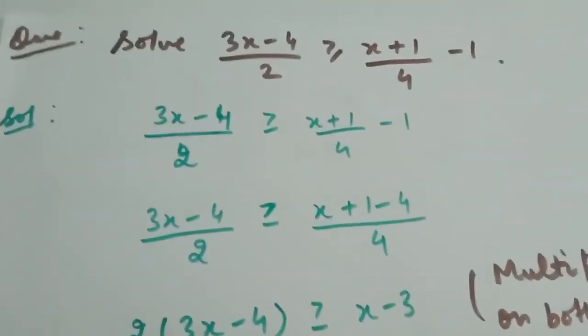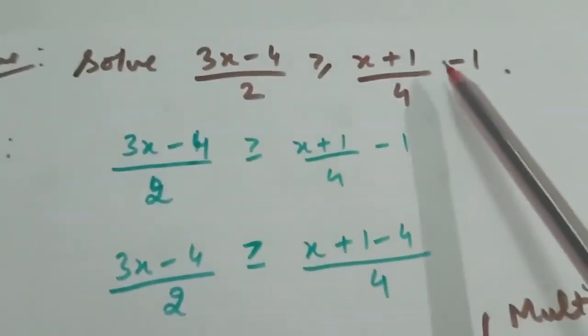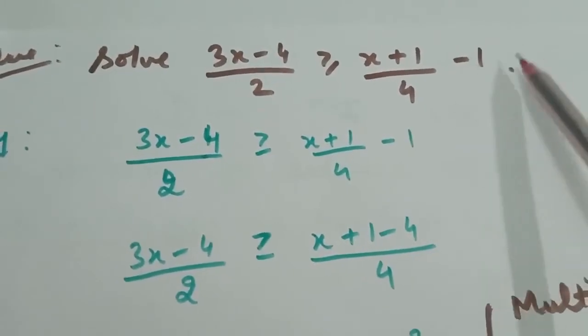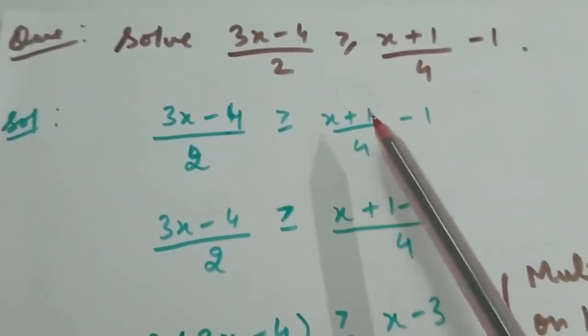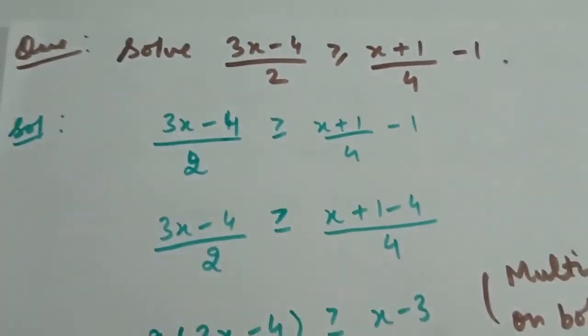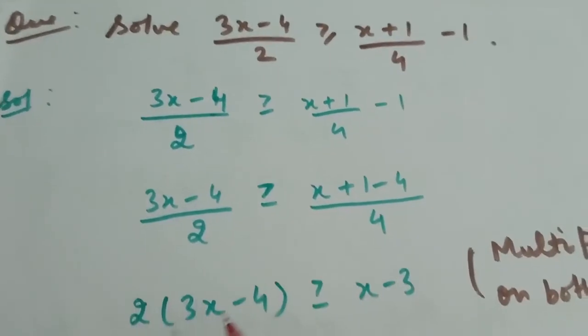Clear? Next question is solve (3x - 4)/2 ≥ (x + 1)/4 - 1. So solution: taking this inequality, solve this side first. We take the LCM 4 and you will get this.